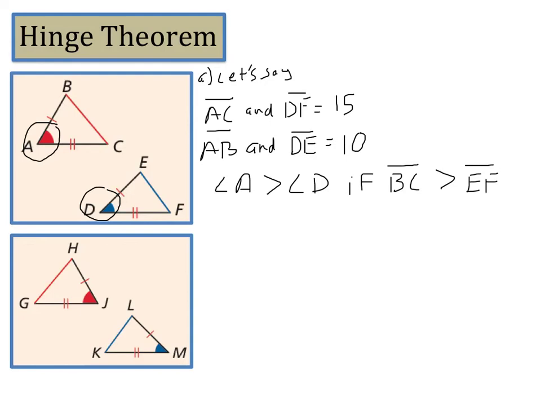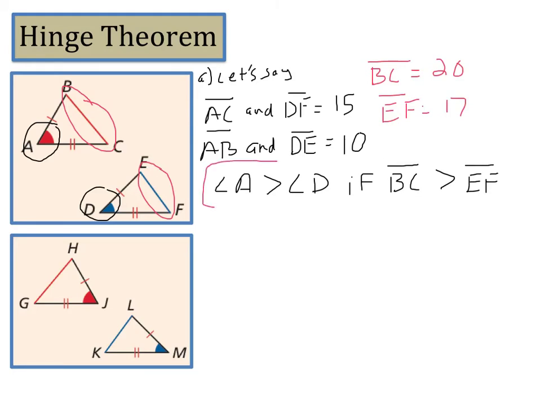So, for example, let's say I knew that BC equaled 20 and EF equaled, let's say, 17. Since this third side is bigger than this third side, then I could say that angle A is greater than D. This right here is called the hinge theorem.